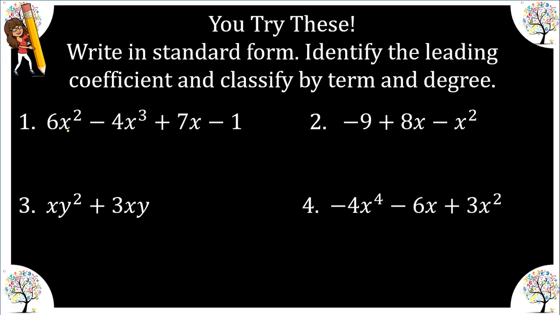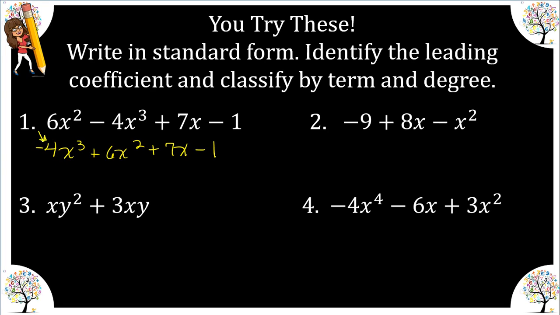Okay, number 1. Is there anything to combine here? Nope, no like terms. So now we're going to rearrange and we're going to put it in standard form, -4x to the third plus 6x squared plus 7x minus 1. Now let's identify the leading coefficient.